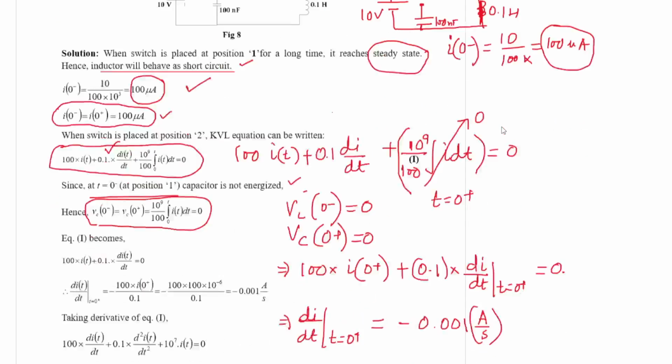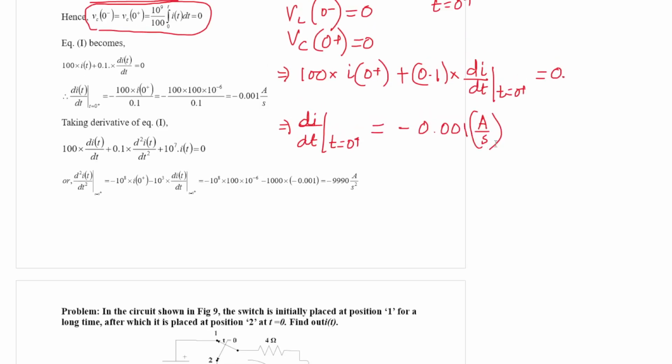Now let us solve for d2i/dt2. We take from equation 1, that means this equation: 100 i plus 0.1 di/dt plus 10 to the power 9 by 100 integration 0 to t of i dt is equal to 0.